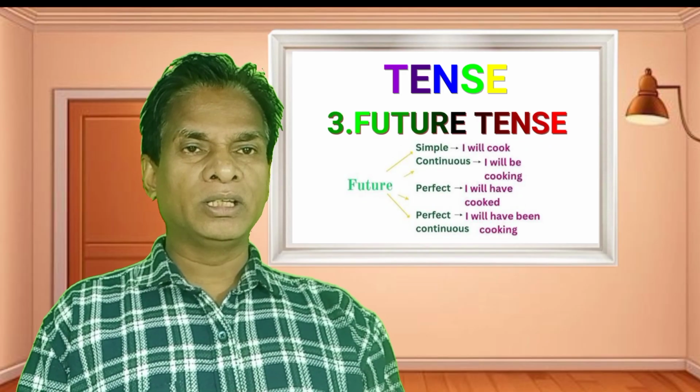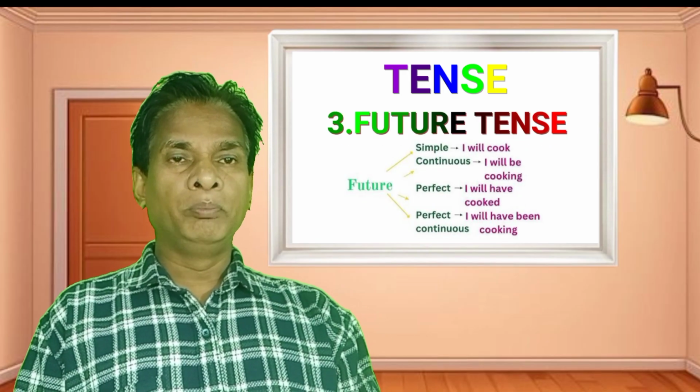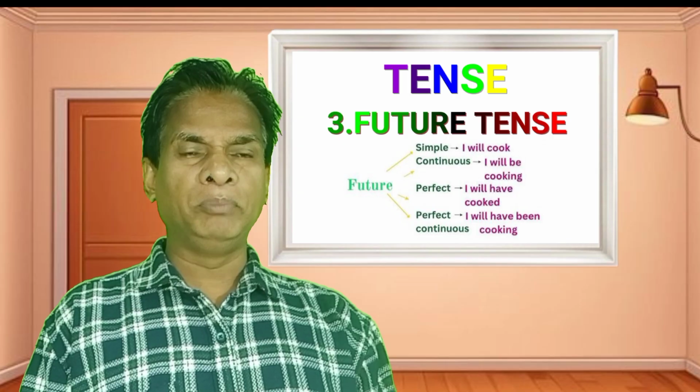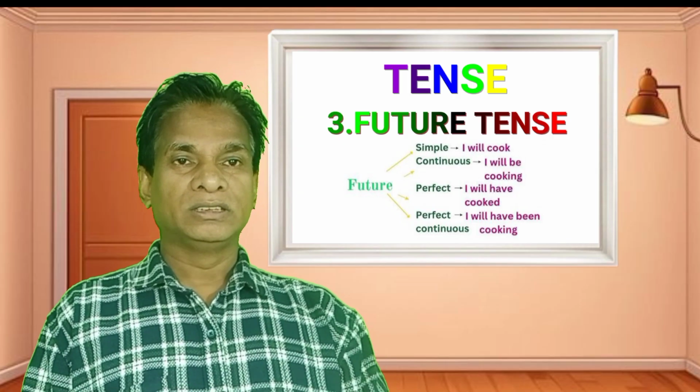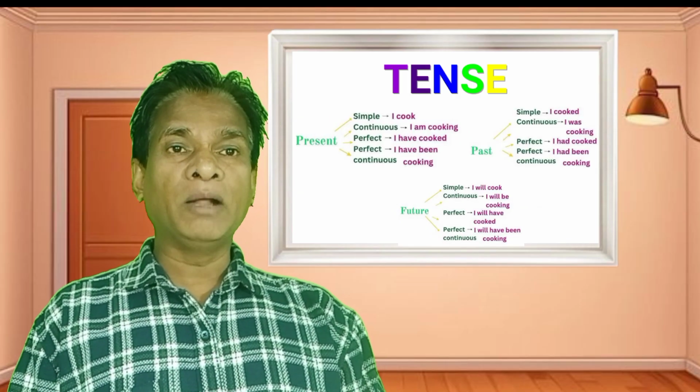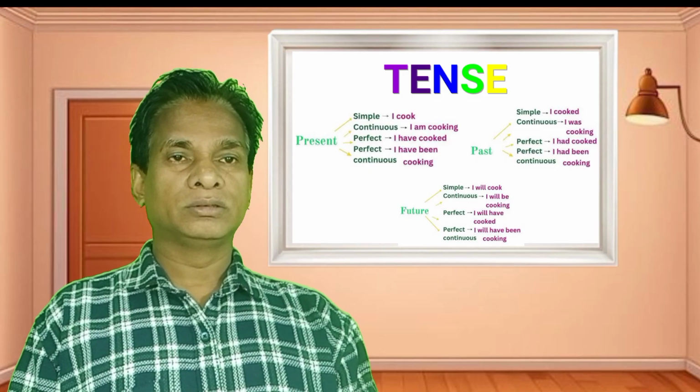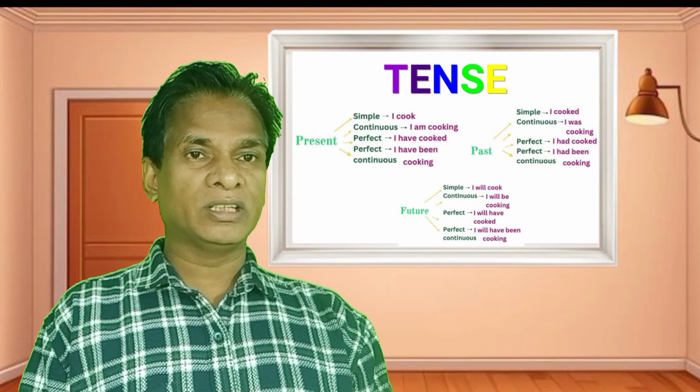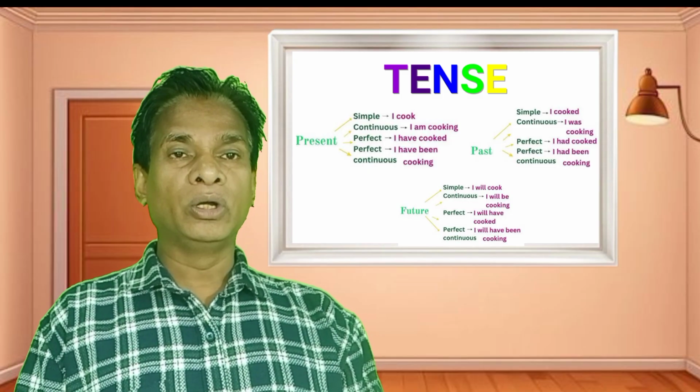Simple future tense, future continuous tense, future perfect tense, and future perfect continuous tense. Thus, there are four subdivisions of each tense, and altogether there are 12 tenses.